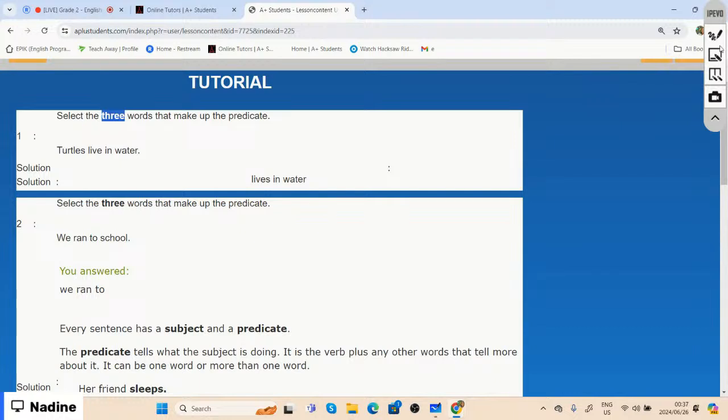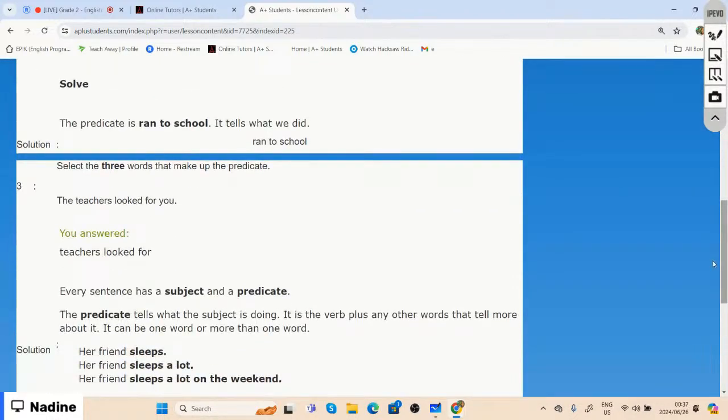And we can then say lives in water. That is our three words that make up our predicate, because it tells us what the turtles do. Lives in water.